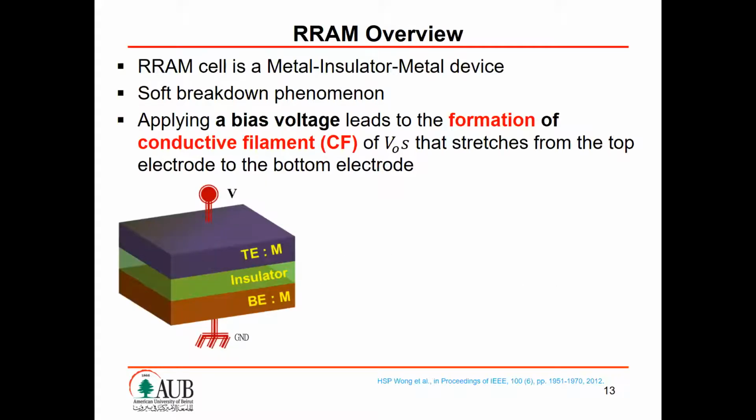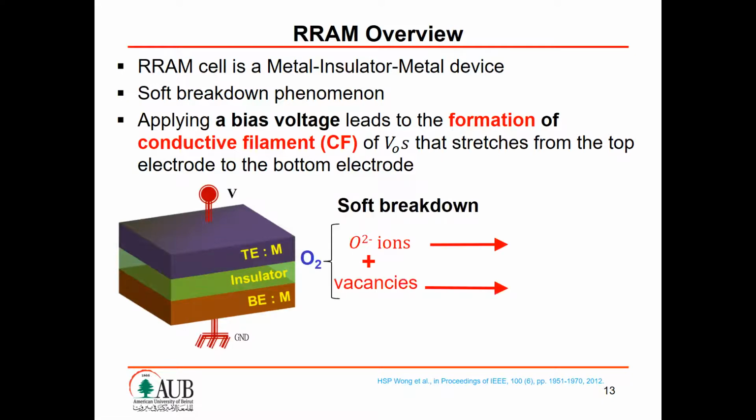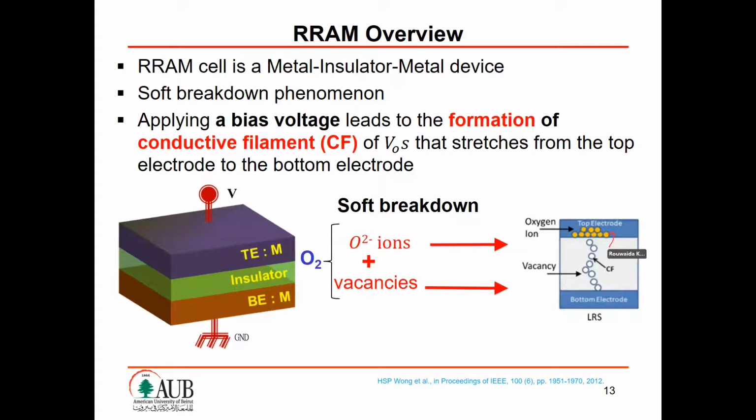Let's look at the RRAM device at a high level. The RRAM device is a metal with an insulator and a metal, as we said. I apply a high voltage, and this high voltage makes it create a filament, and it pushes some ions to hide in the electrode. This becomes a conductive filament, as we said. Okay, and then this filament can be programmed.